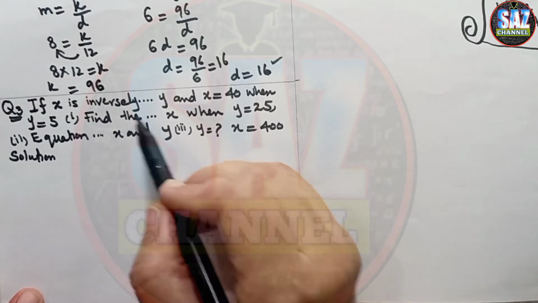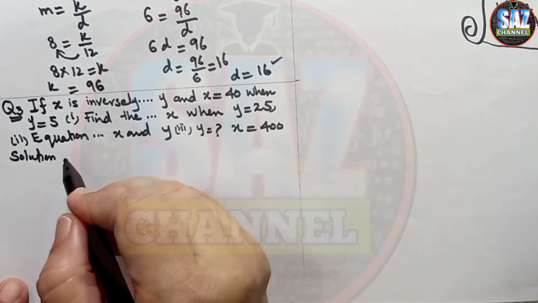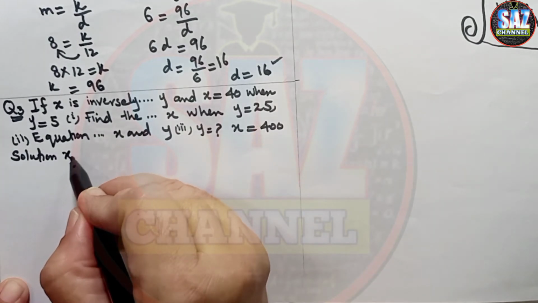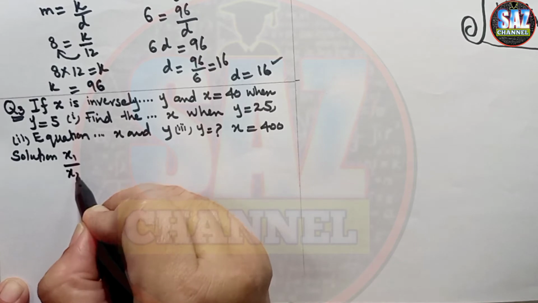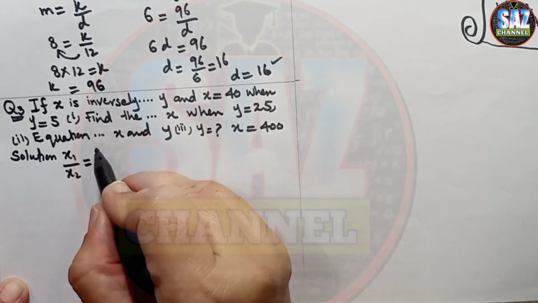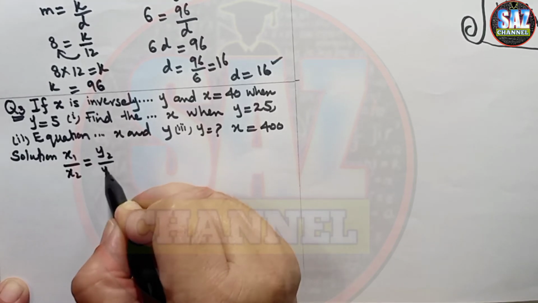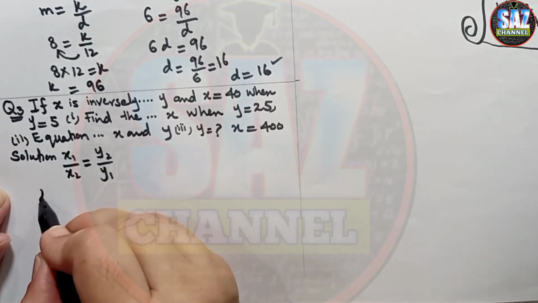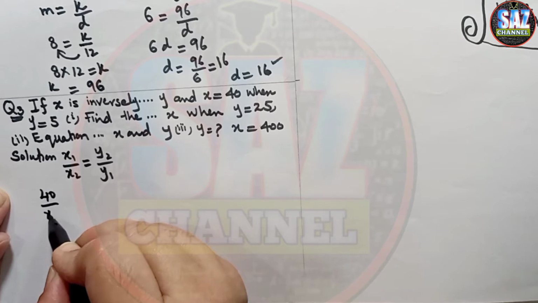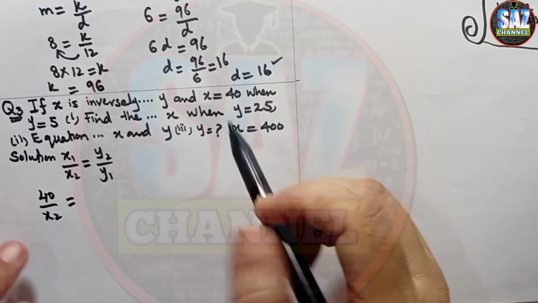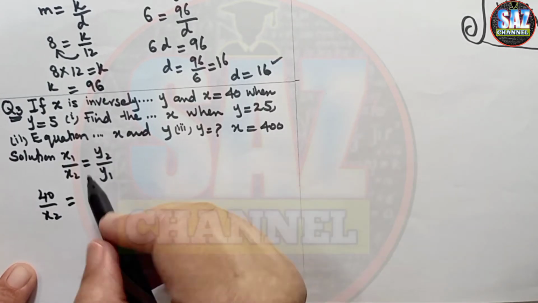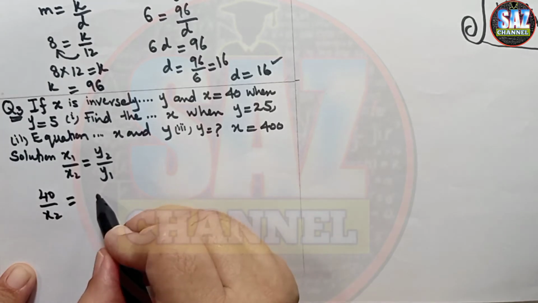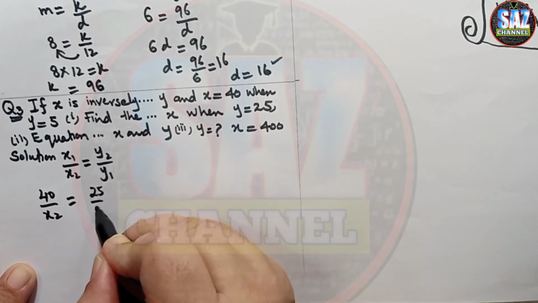So x is inversely proportional to y. So we can write the equation x1 upon x2 equals y2 upon y1. Now x1 is 40 upon x2, and y2 is 25 by 5.